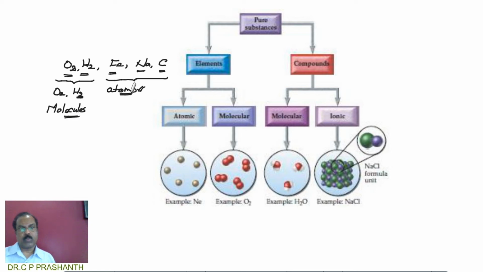And these are atoms. So you can see elements can be of two types. They can be either atomic, which means they exist in the form of atoms. Neon is an example. It exists as neon atoms.